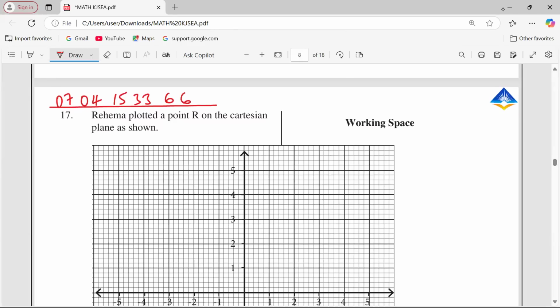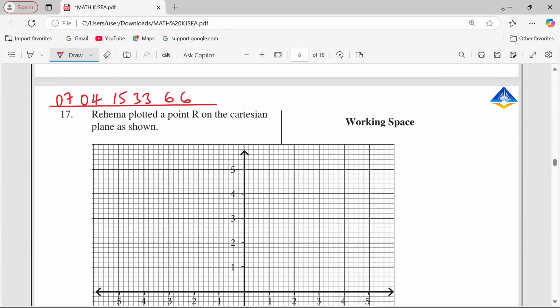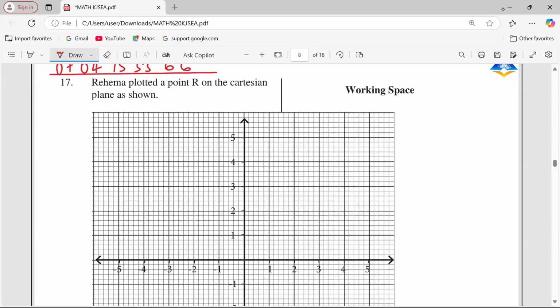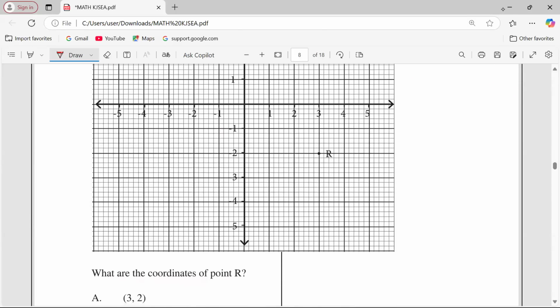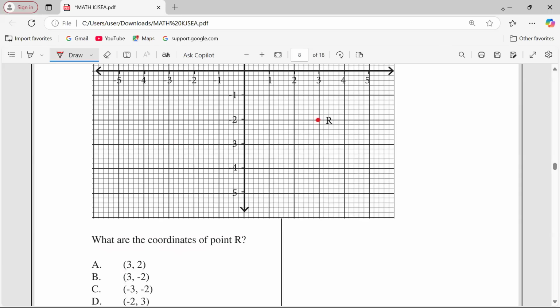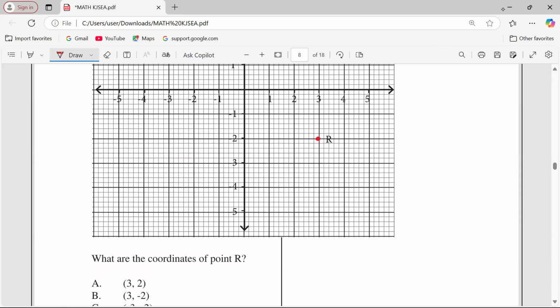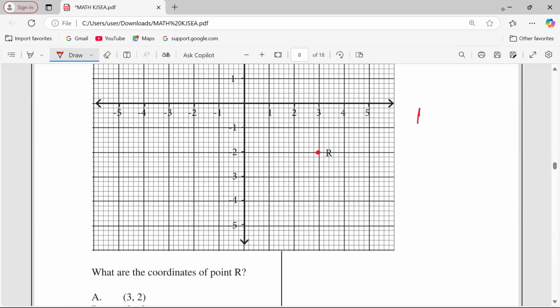Number 17. Rehema plotted a point R on the Cartesian plane as shown. So we have a Cartesian plane here. Then we can see point R. Yeah, the dot is here for point R. What are the coordinates of point R? Now, for you to state the coordinates of R, we are supposed to begin with the X coordinate, then the Y coordinate.